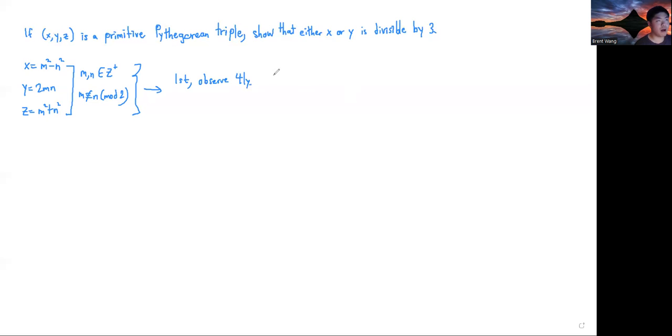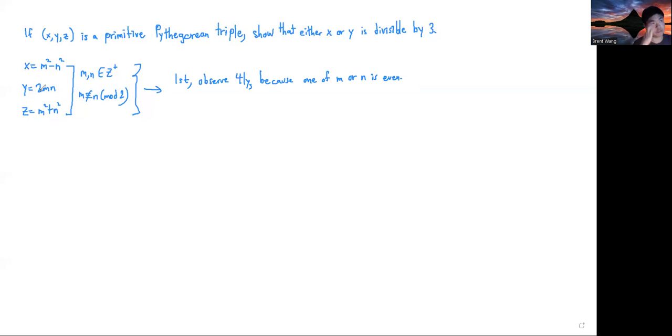The reason why is because you have 2mn, and one of m or n is even. If one of m or n is even, then you have a factor of 2 in the mn, and then 2 times 2 is 4. So you have a factor of 4 in your y.